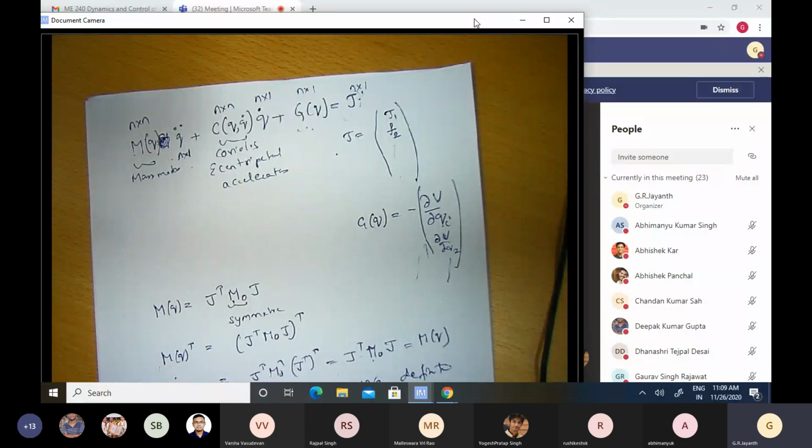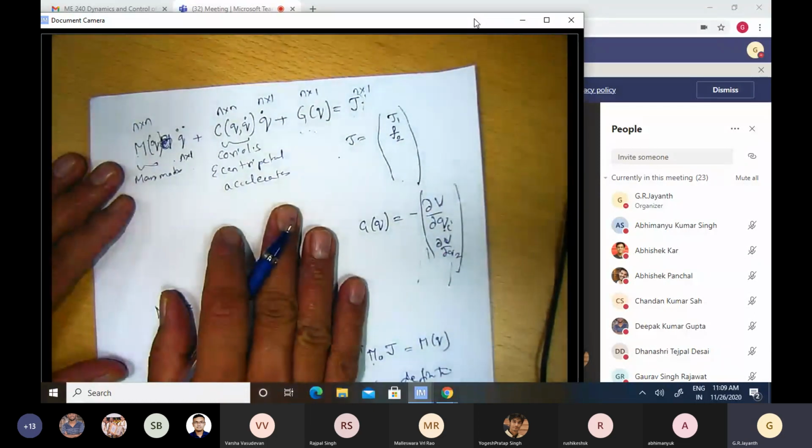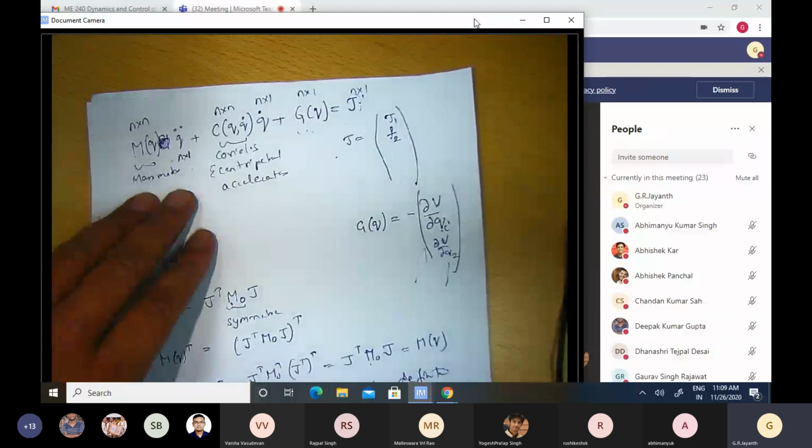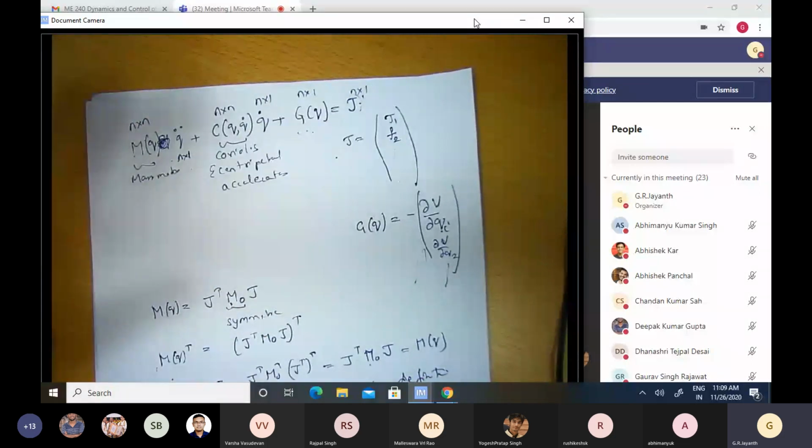Okay, so I want you to therefore pause for a moment and admire the compactness and the elegance of the appearance of the multi-body dynamics equation. You would have imagined a very messy, complicated looking equation in terms of q1, q2, etc., but this particular notation allows us to make it look very simple.